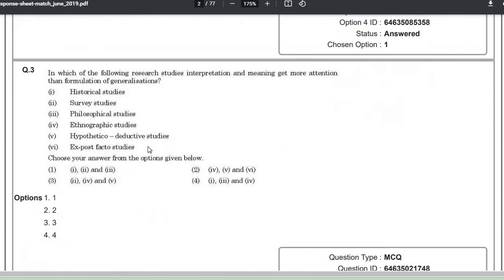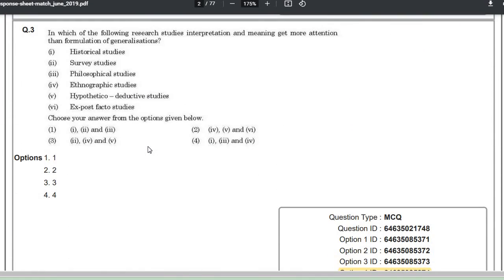Now coming to the third one: in which of the following research studies do interpretation and meaning get more attention than formulation of generalization? Check the relevant answers for this. The options are historical studies, survey studies, philosophical studies, ethnographic studies, hypothetico-deductive studies, and ex post facto studies.